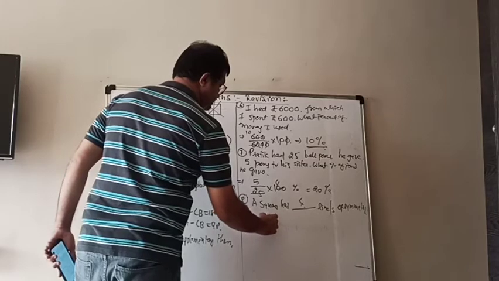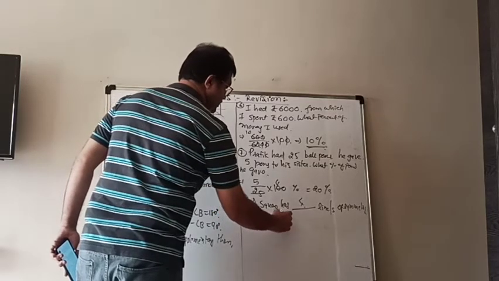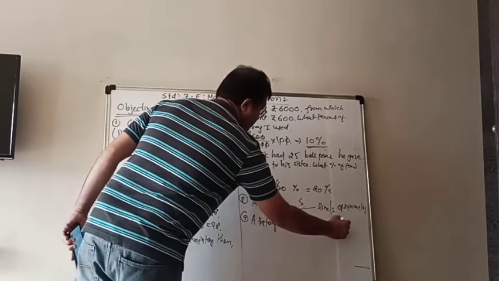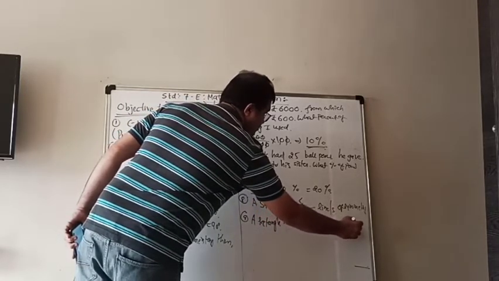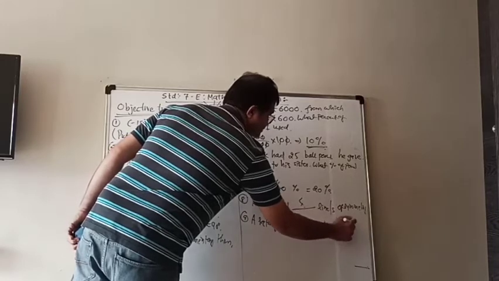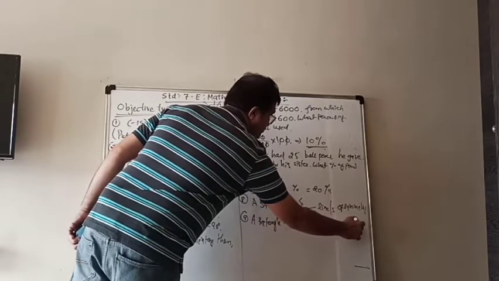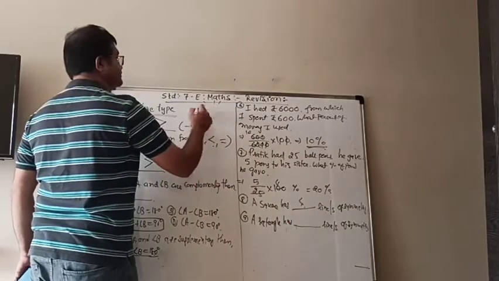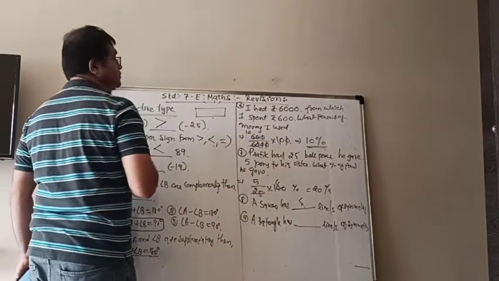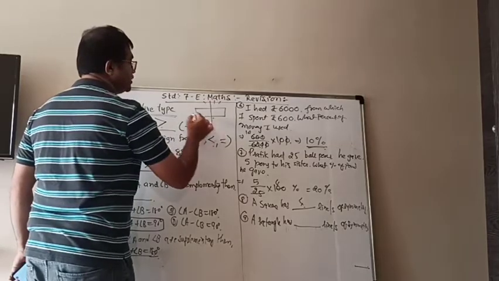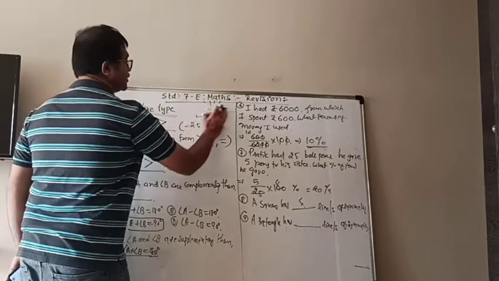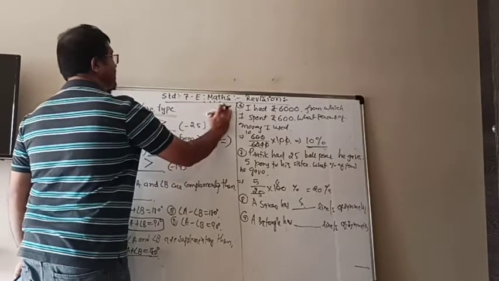A rectangle has dash line or lines of symmetry. A square has 4, but a rectangle only has 2 lines of symmetry. It does not have 4 because the length and breadth are different.